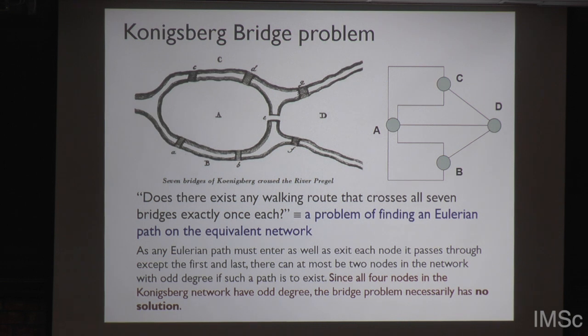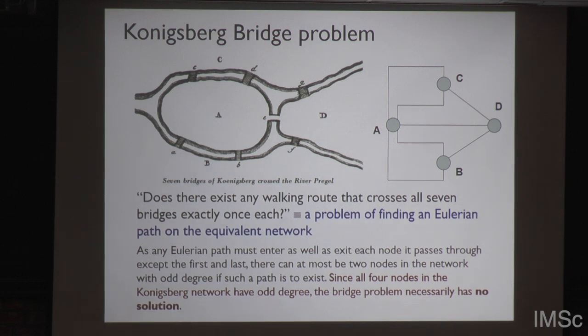Even then, you have to go out of that node, right? So the moment you want to go out of that node, you have to use an edge which you already used once before, which violates this condition. That is enough to solve this problem.